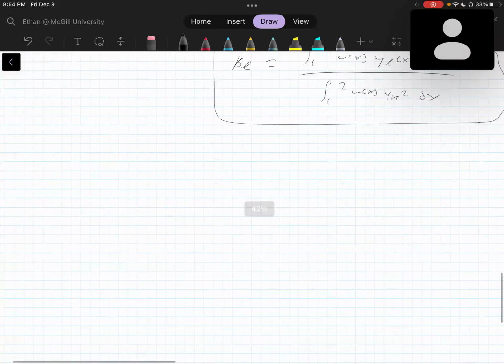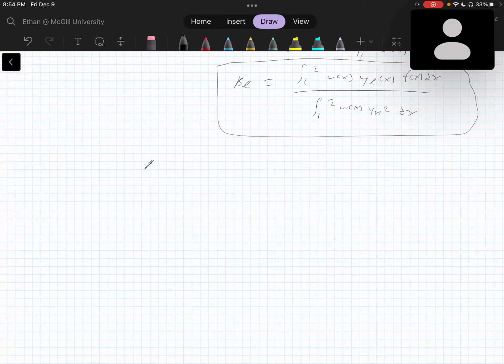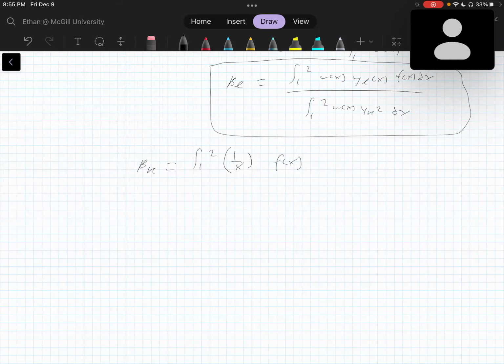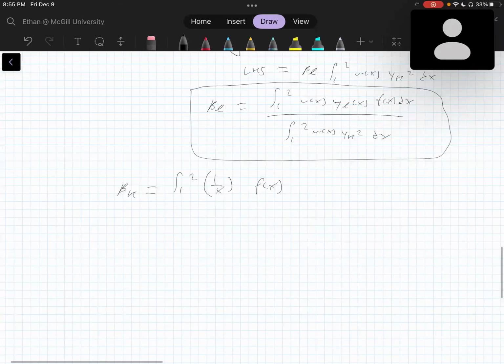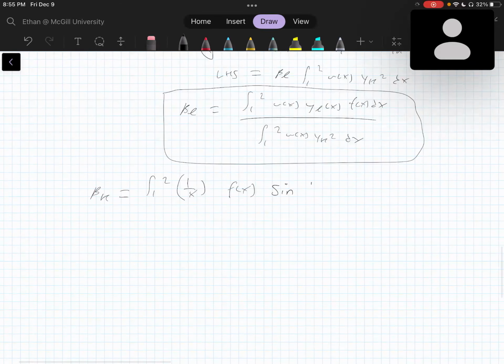So in our case, we have BK, which is the same thing as BL. That's going to be equal to the integral from 1 to 2 of our weight function 1 over x times f of x, which is in the integral as well, times our eigenfunction, which from before we solved as sine of k pi ln x over ln 2, dx.